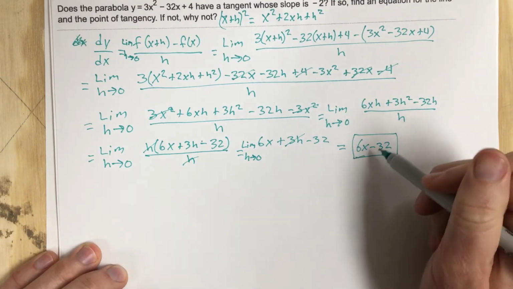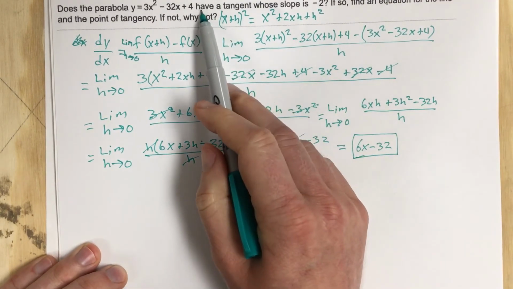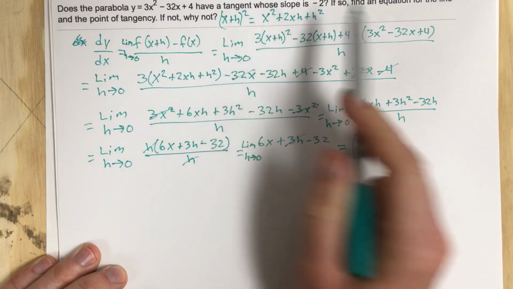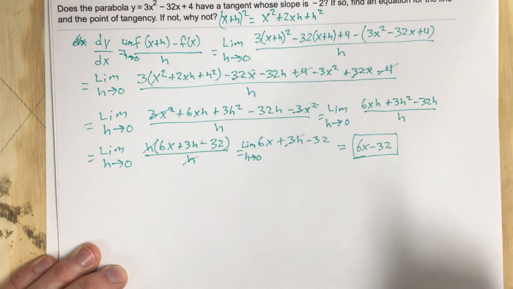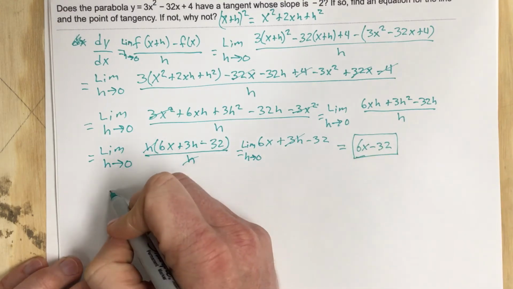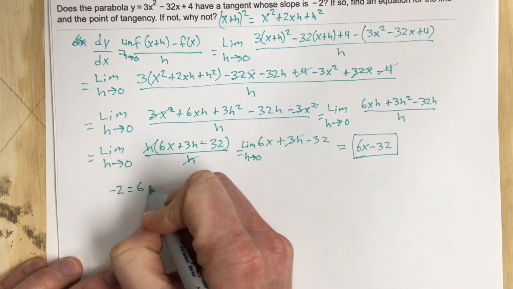Now they're asking us to use the derivative and determine, does this function have a tangent whose slope is negative 2? So how do we tell if it's got a slope of negative 2? Well, this is the derivative. So we're going to essentially set it equal to negative 2 and solve for x.